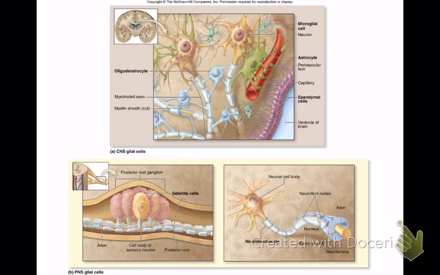And what you're going to find is that the first distinction we make is between the glial cells of the central nervous system and the glial cells of the peripheral nervous system. Okay? So there are going to be similarities, there are going to be differences, and you need to be aware of them. Additionally, you're going to find slight differences in the brain compared to the spinal cord. Even though the glial cells are found in both, there are going to be some differences. Okay, so let's start a list of our glial cells.